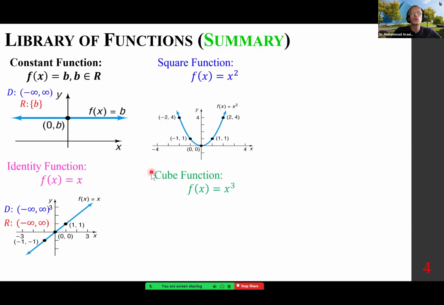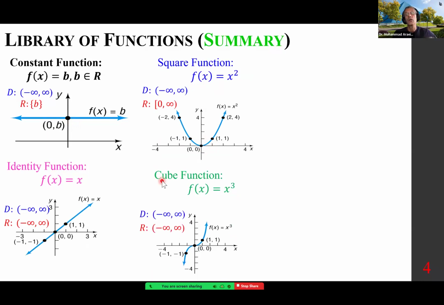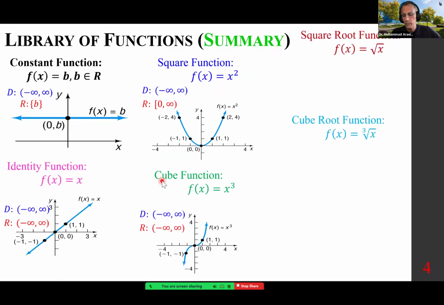F of x equals x squared, known as the square function, has a graph known as a parabola, and the domain is all real numbers, with the range from 0 to infinity for the basic one. Y or f of x equals x cubed, known as the cube function, has domain and range of all real numbers.